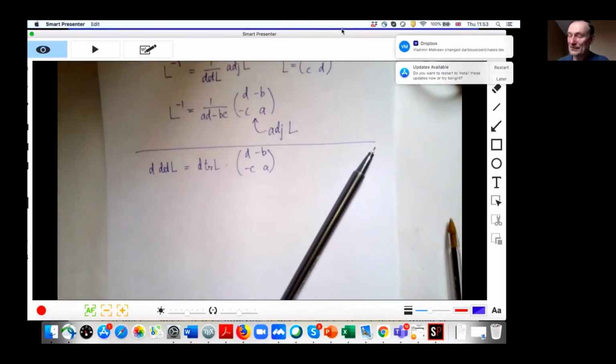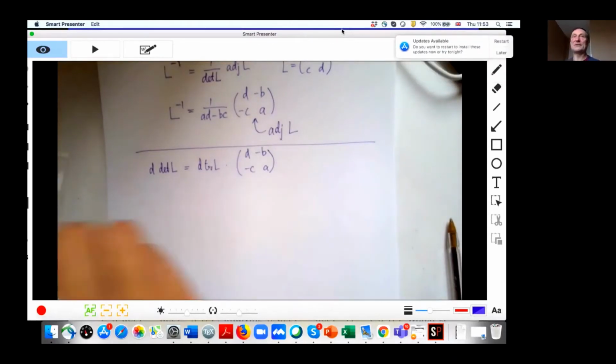So I will write down the Nijenhuis condition, and then we will compare it with this. What is the Nijenhuis condition?